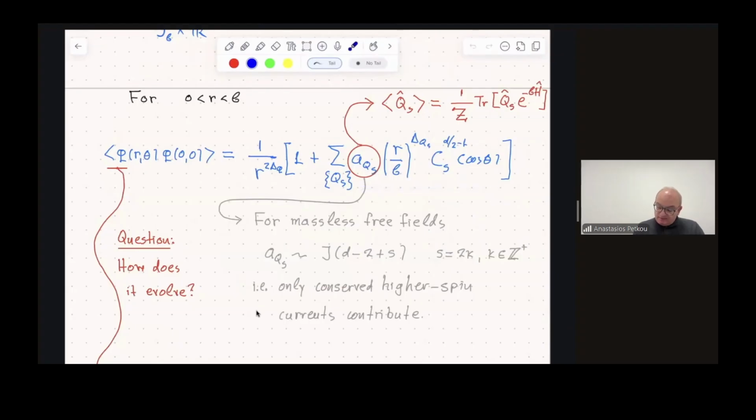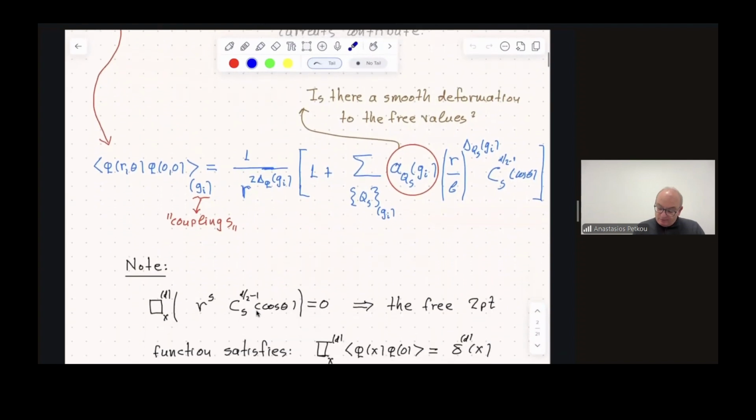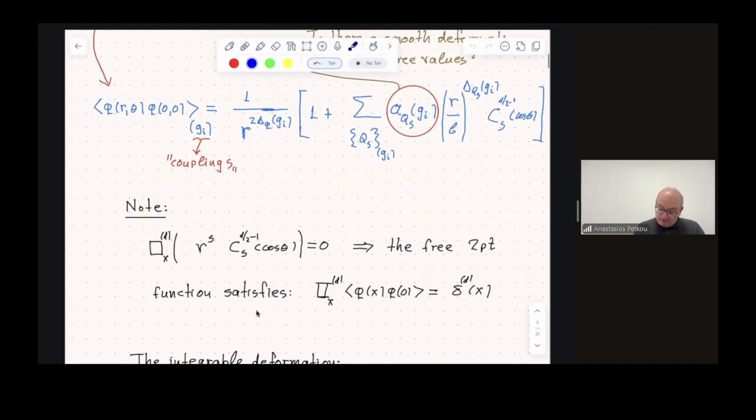In the free result, the dimension of these higher spin currents was exactly d minus 2 plus s, as you know, and if you substitute that there, along with the dimension of the elementary field delta phi, you find that the contribution of the Gegenbauer polynomials of these higher spin fields is of this form, R_s, Gegenbauer polynomial C_s, and these are terms that are annihilated by the d-dimensional Laplacian acting on X.